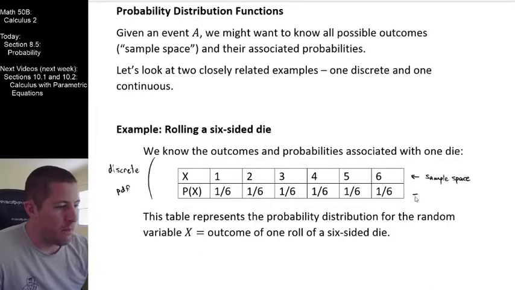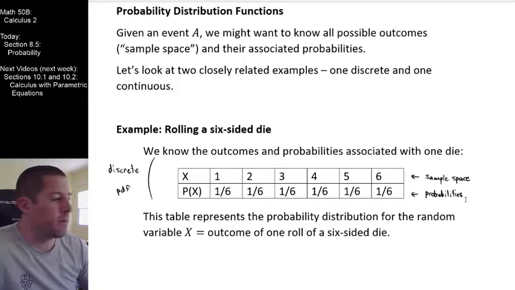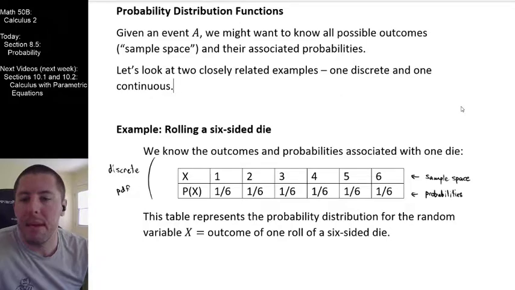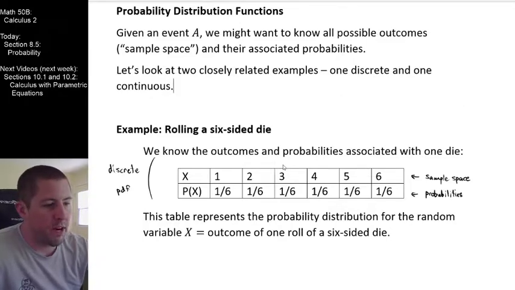And these are the probabilities associated with rolling a six-sided die. There should be an equal 1/6 probability for each of our possible outcomes. A moment ago, I identified a p sub i. Over here, perhaps we would say this is our x sub 3 is 3, and our p sub 3 would be 1/6.